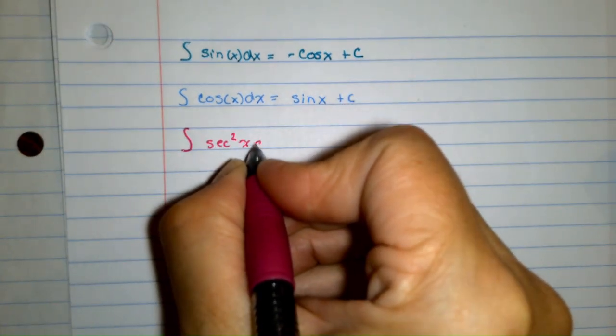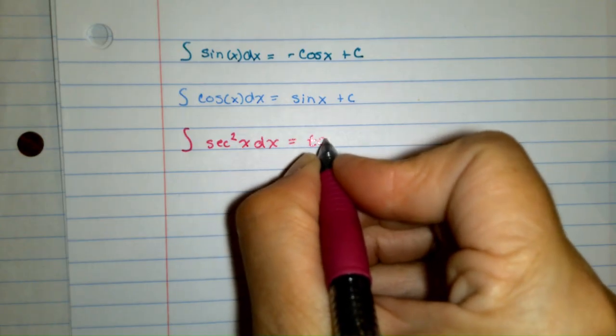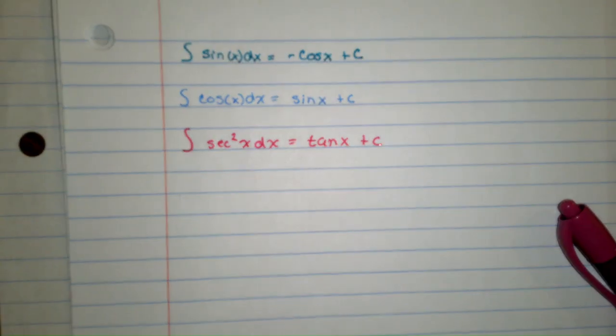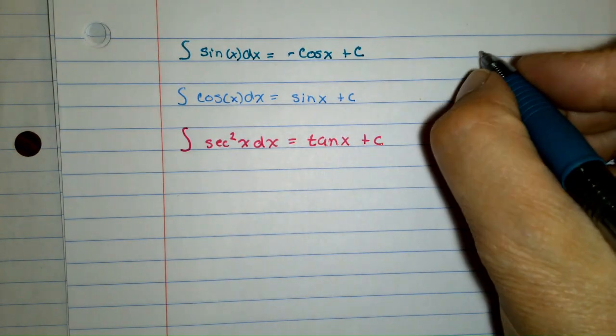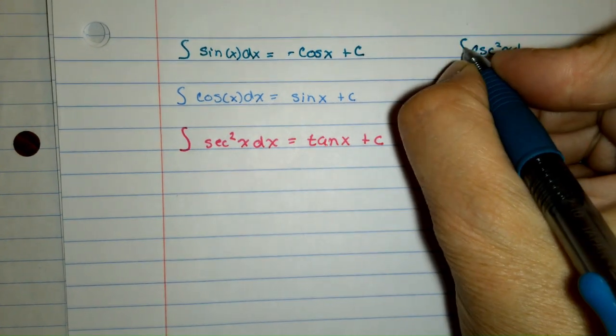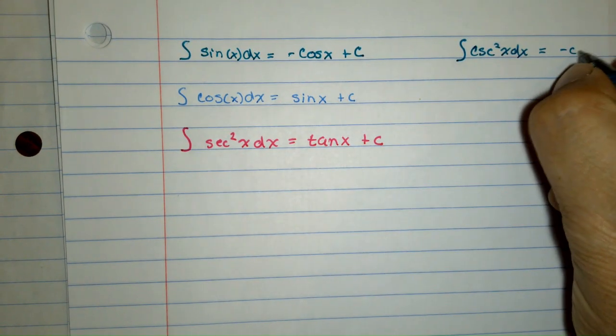Secant squared was the derivative of tangent. Cosecant squared was the derivative of negative cotangent.